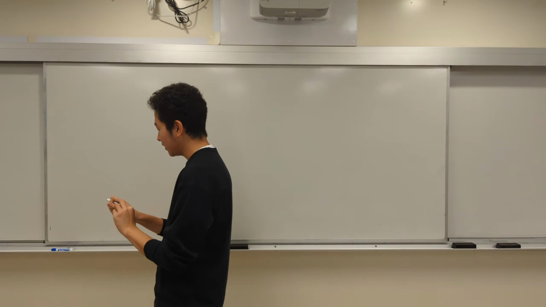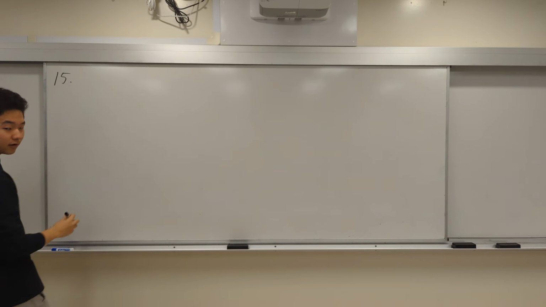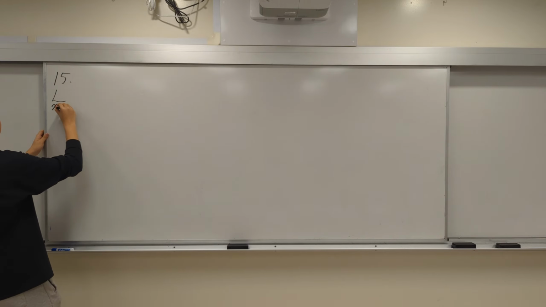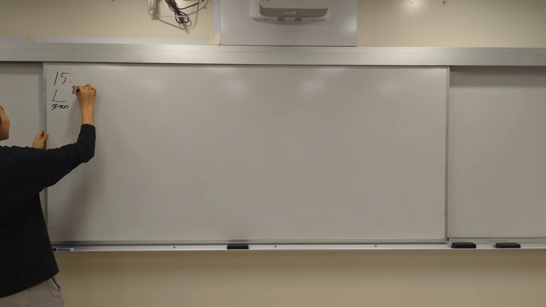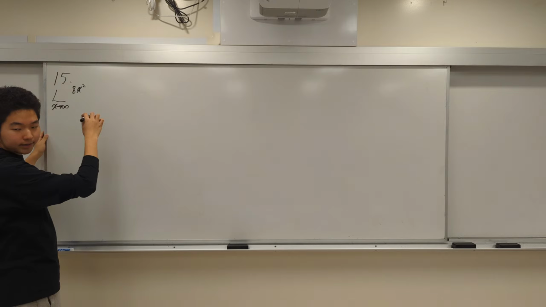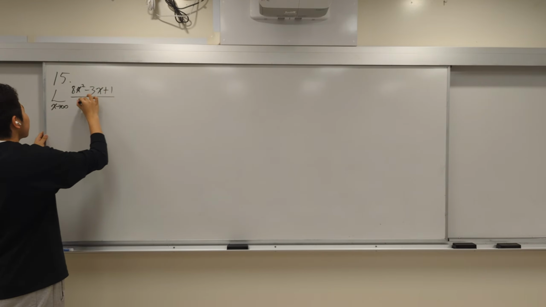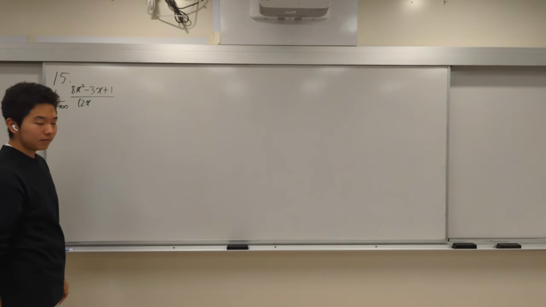So it gives us three limits for us to work with. The first one is limit x goes to infinity of 8x squared minus 3x plus 1 over 2x plus 1 squared.